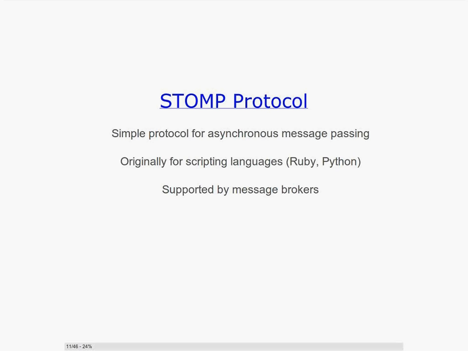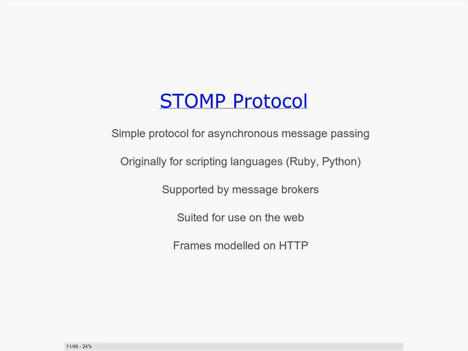It has a very wide support by message brokers like RabbitMQ and ActiveMQ. Pretty much any enterprise message broker out there is going to have support for STOMP. And it makes it suitable for use on the web because of that simplicity and because of the way that it basically looks at messaging in a way that makes it accessible to scripted clients or web clients.